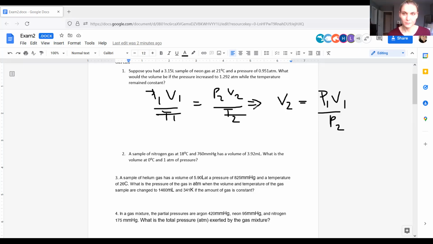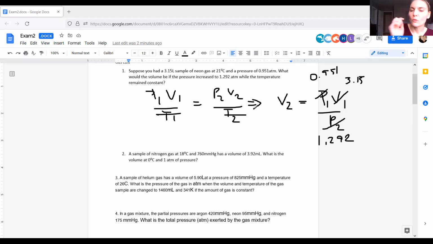And when you go to plug all those numbers in, what was your V2 that you guys got? What do we get? So this was 0.951, this was 3.15, this one's 1.292. What did you guys get when you solved for V2?